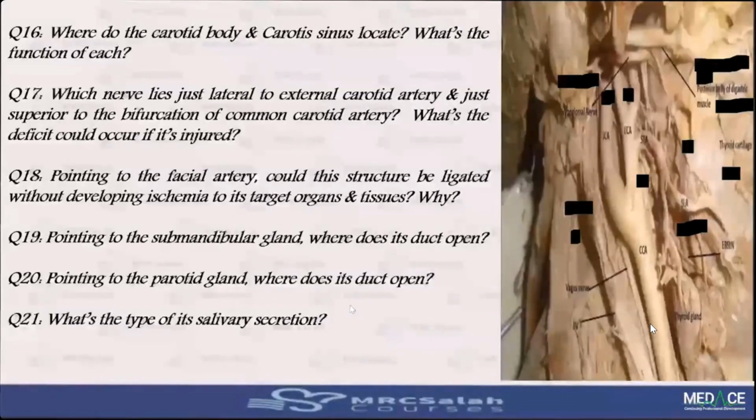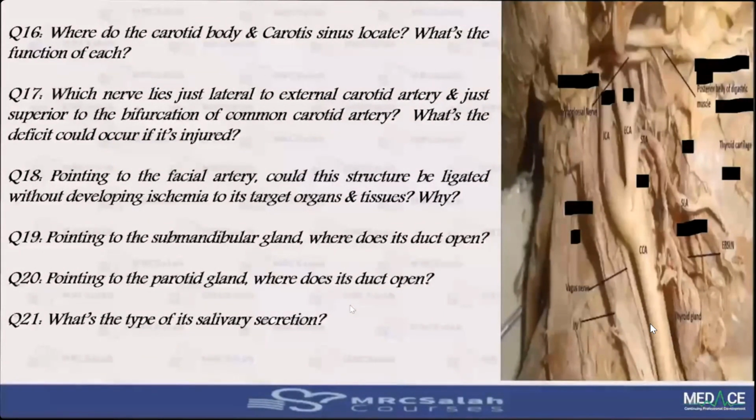Sorry. I don't know about that. Where does the duct run? You should mention that the duct runs over the masseter and pierces the buccinator to open opposite the second upper molar teeth.